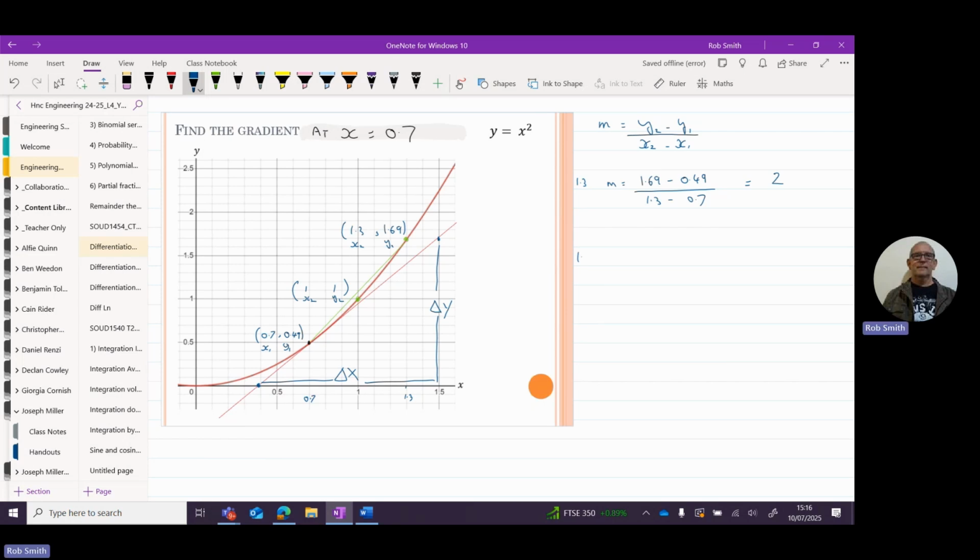So when it is 1.0, the gradient was, well, actually y2 was 1, take away 0.49, and x2 was 1, take away 0.7. So we can work that out.